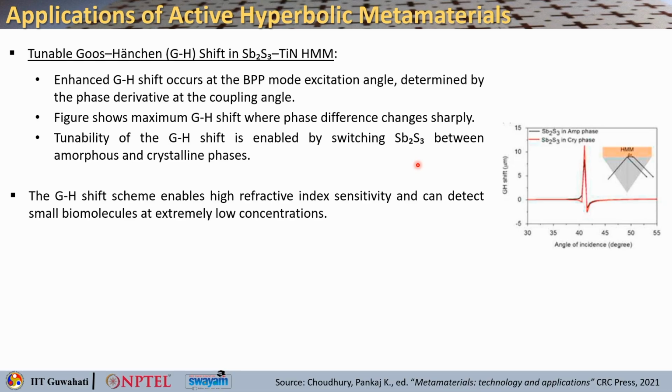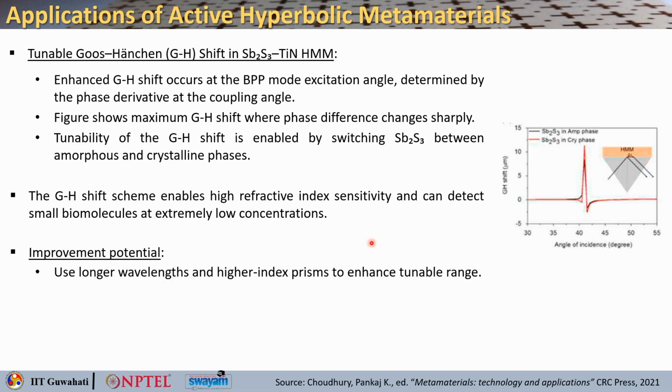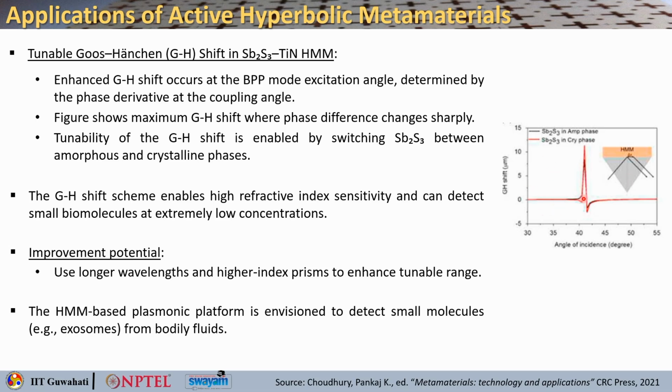So, this GH shift scheme also enables high refractive index sensitivity, and it can detect small biomolecules at extremely low concentration. So, what are the improvement potentials? You can think of using longer wavelengths and higher index prism to enable tunable range of the shift.